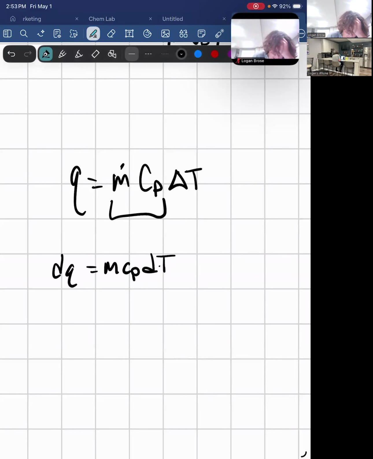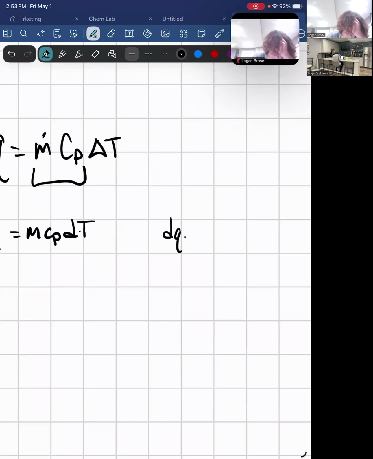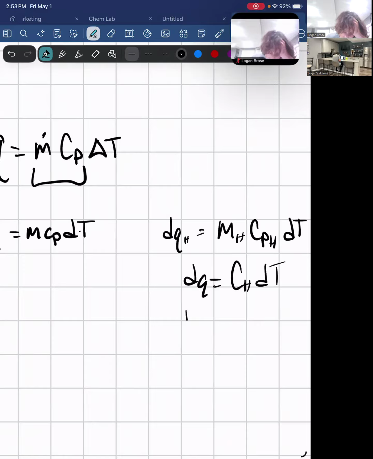We can do dqh equals mh cph delta t, which is just dq equals CH dT. And the same thing can be done for the cold, CC dT.